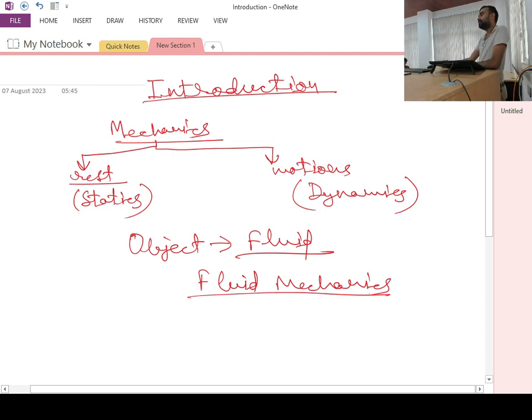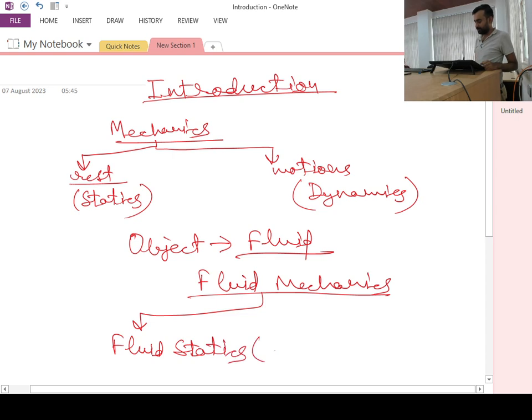Is this point clear? Now in fluid mechanics also, whenever we are talking about fluid at rest, then we call it fluid statics. Okay, when my fluid is at rest.